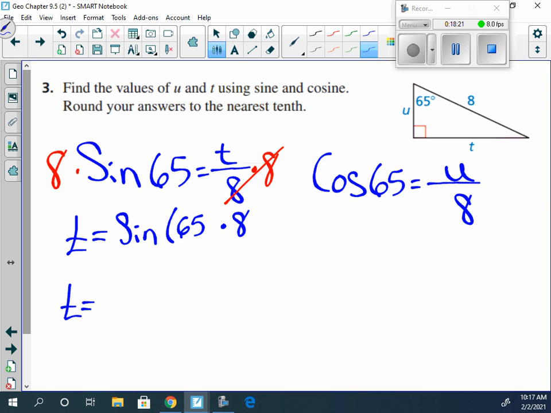So what do we find for the value of sine of 65 times 8? 7.3.